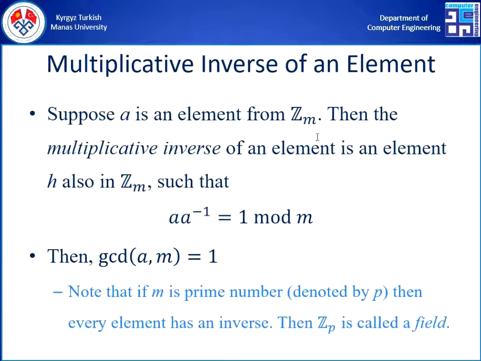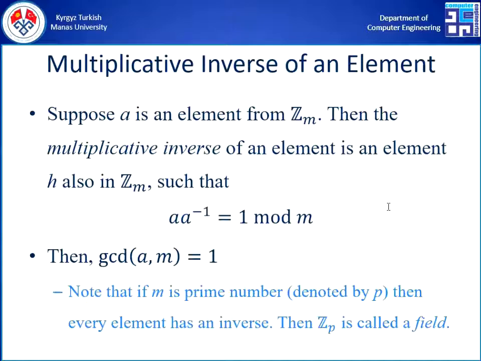So it consists of numbers from 0 to m minus 1. These numbers are called elements of this set, and for some elements of this set we can define a multiplicative inverse.